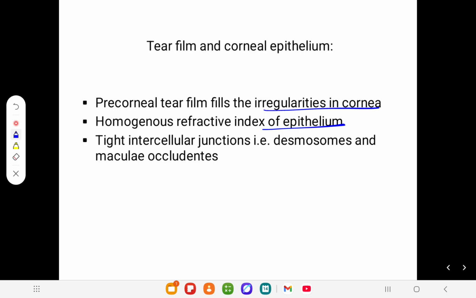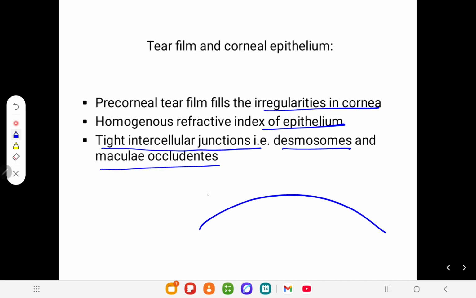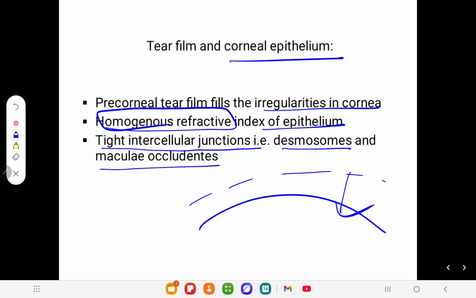Another great thing is epithelium has tight intercellular junctions, desmosomes and macula occludens, so it acts as a barrier, because water from the tear does not flux into the cornea. So that's very important. Whether corneal epithelium maintains a homogeneous refractive index, and whether its intercellular junction is tight or not.